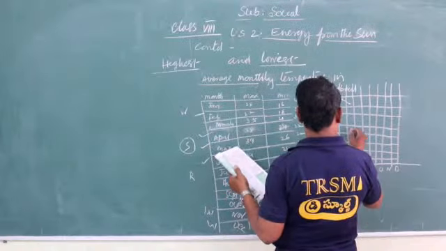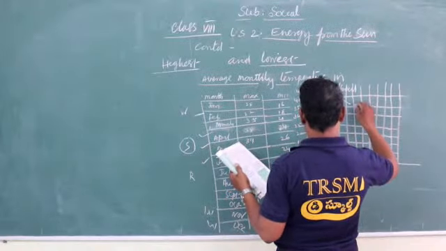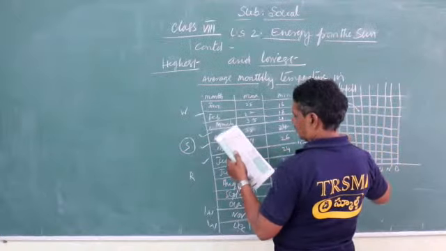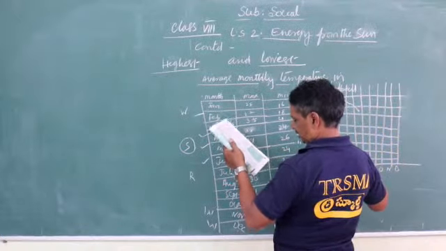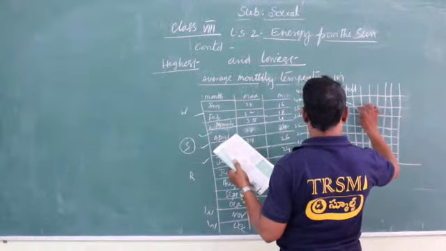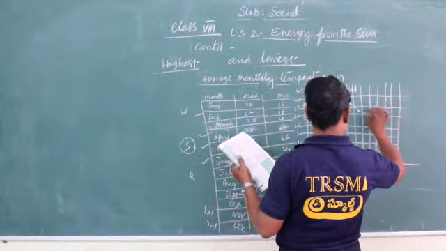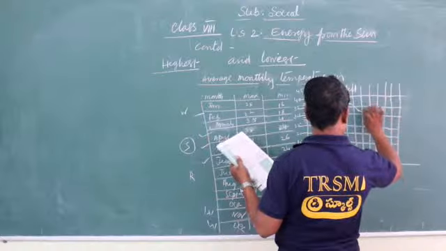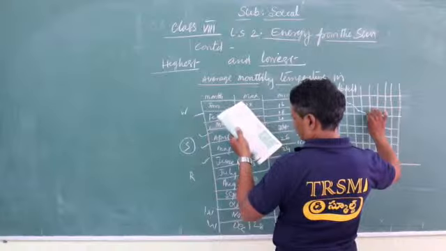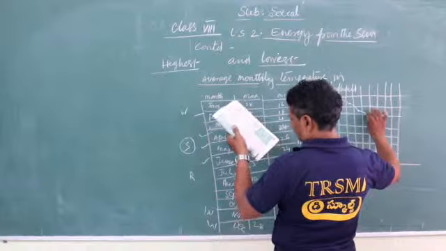Next 31 in July. Next 30 in August. And then 31.